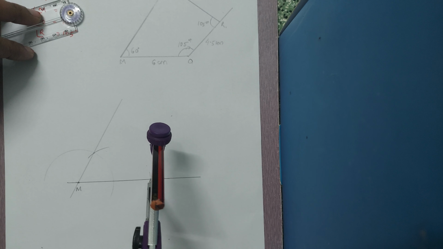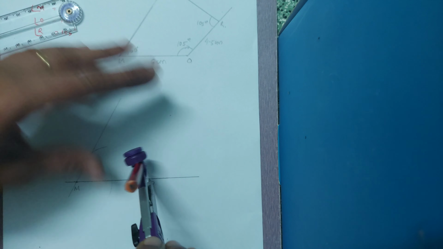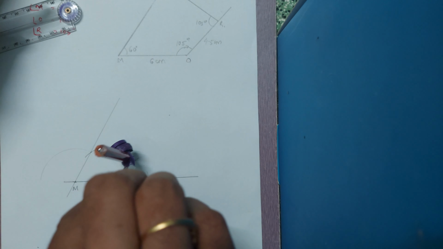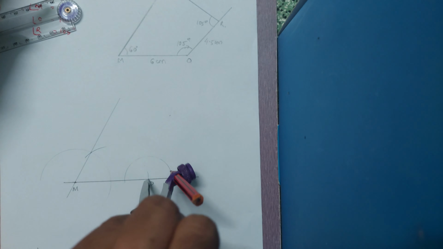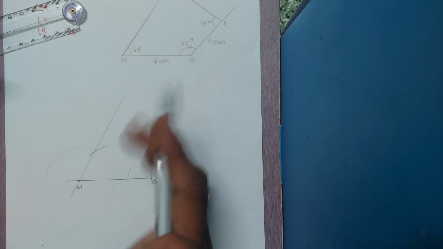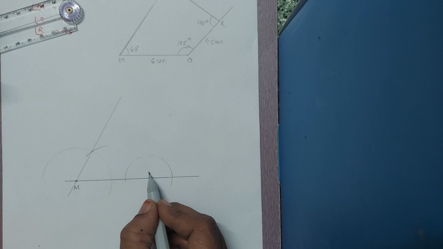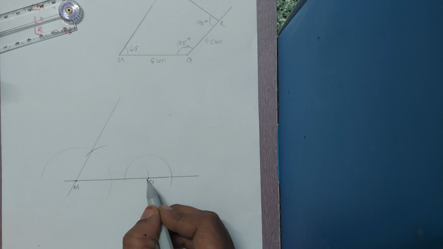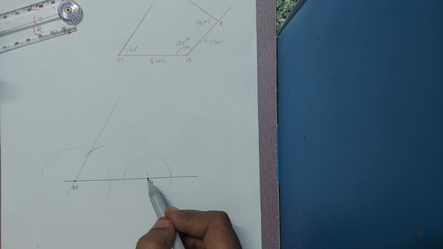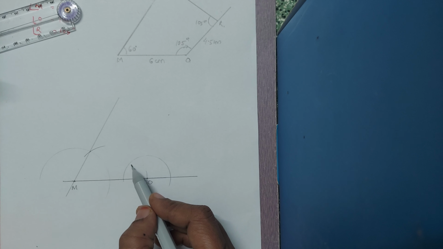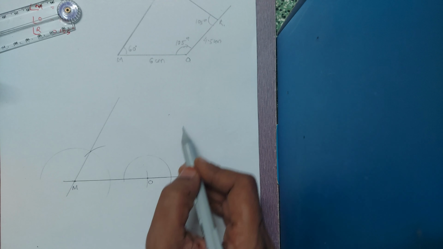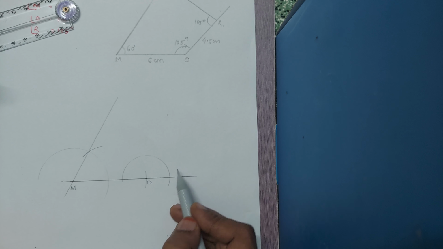Now take a convenient radius and draw a semicircle. We should expect our 105 degrees. This is the angle measurement for O. The angle is measured inside, and so your 60 should be here, 120 should be here, and your 105 will be somewhere this side, your obtuse angle.